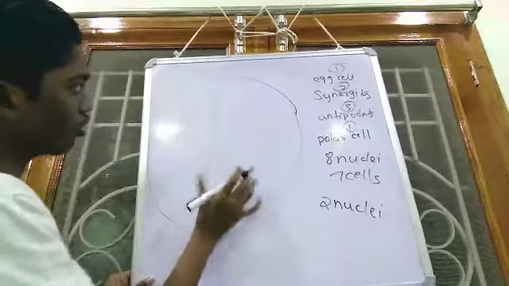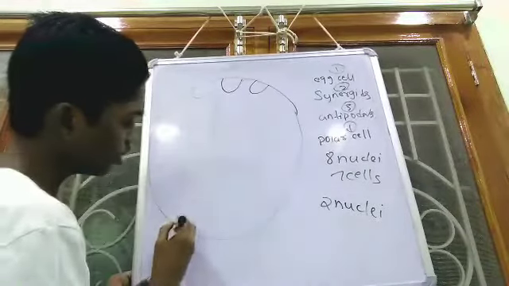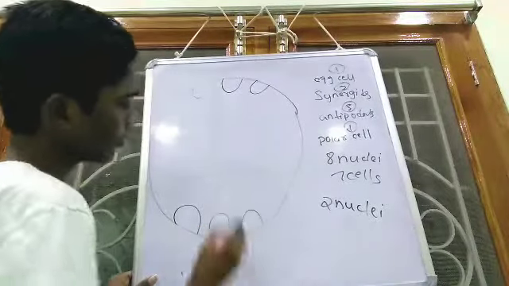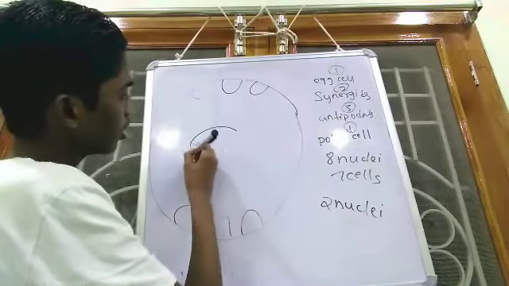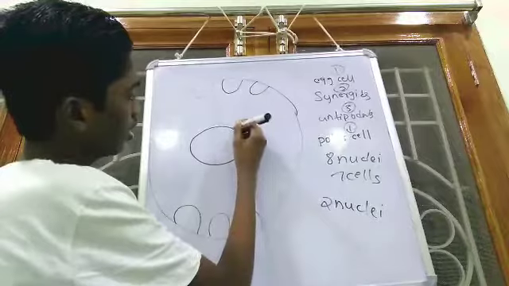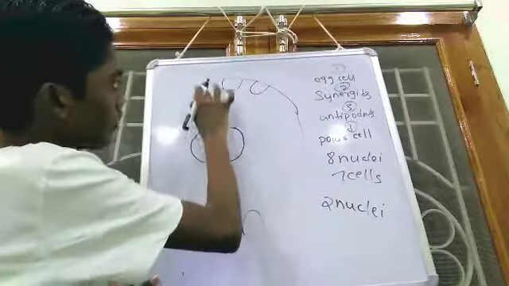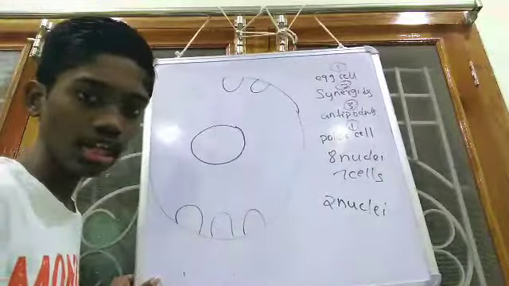So if this is the ovule, there are 3 cells at the top of the ovule, 3 cells at the bottom, and here the polar cell is present. Total 1, 2, 3, 4, 5, 6, 7 cells are present.